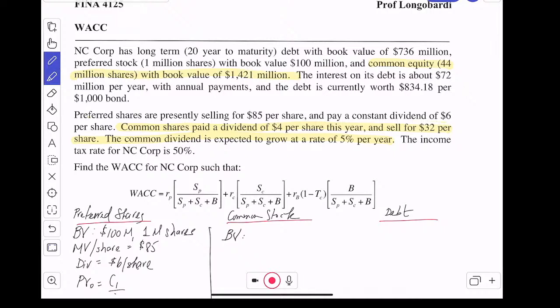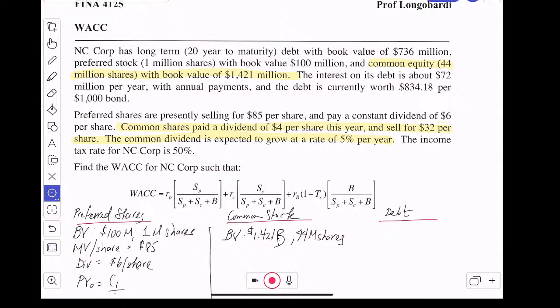So the book value is $1 billion. And there are 44 million shares outstanding. So you see there's much more common stock. That's the idea of it being common, and there are fewer preferred shares because it's more exclusive.